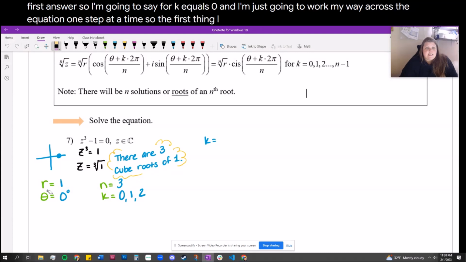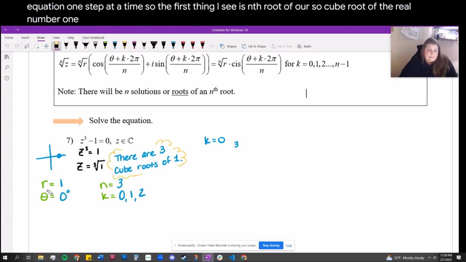So the first thing I see is nth root of r. So cube root of the real number 1. Then parentheses, cosine.